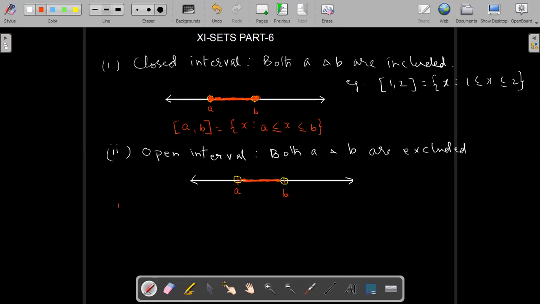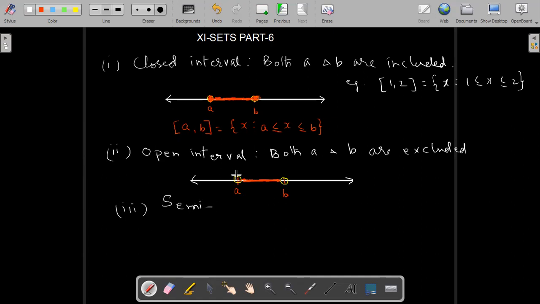If the interval is open on one side and closed on the other, it can be open on the left or open on the right. Such intervals are called semi-closed or semi-open, because one side is open.